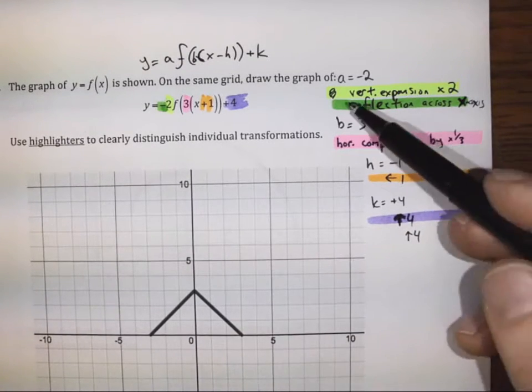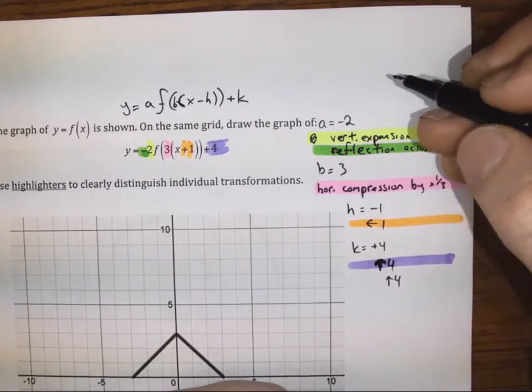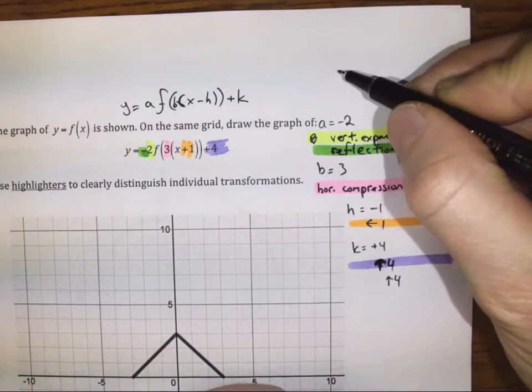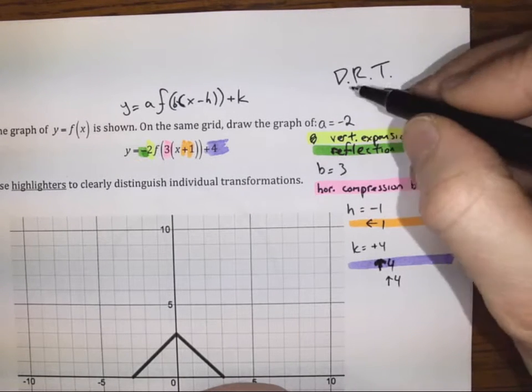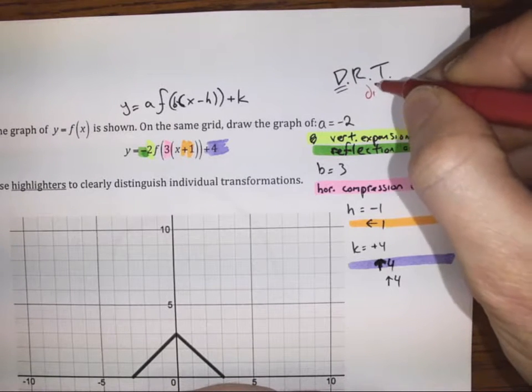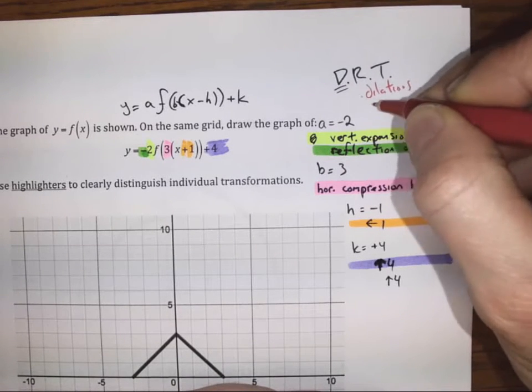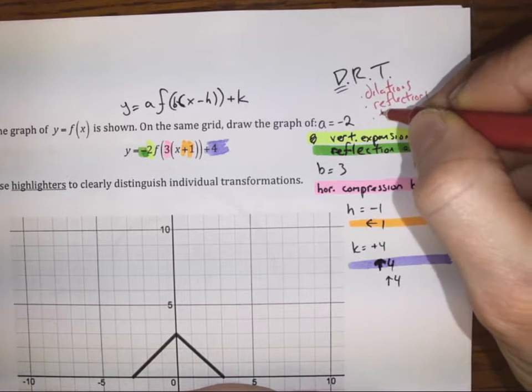Okay, so we got to choose what the order is. The memory device we used in our class was don't reuse toilet paper, which means we're going to do our dilations first, then reflections, then translations.